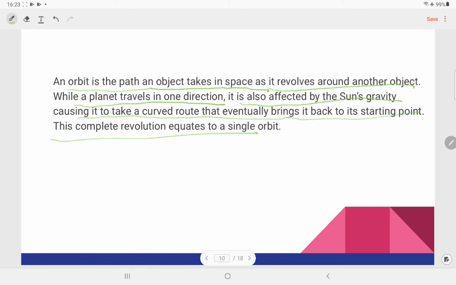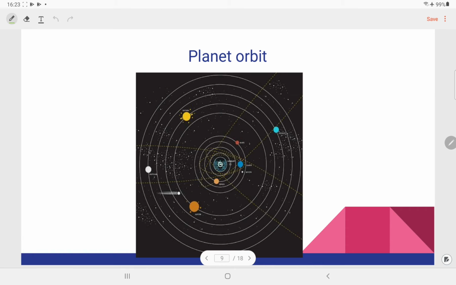This complete revolution equates to a single orbit. Suppose a planet starts from this point, revolves all the way around, and again comes back to this point. This whole circuit, repeated many times, is known as the orbit of Earth.